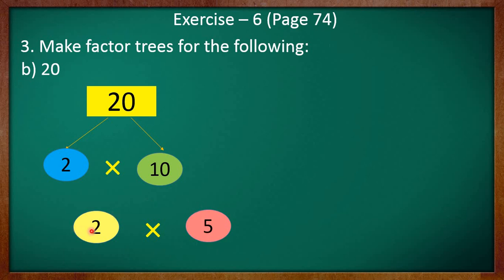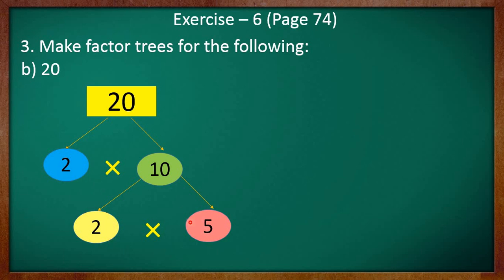So you may write the multiplication fact 2 multiplied by 5 as the two branches of this factor tree from number 10. Now kids, you cannot extend the branches of this factor tree from this side, as we have discussed in the previous step.